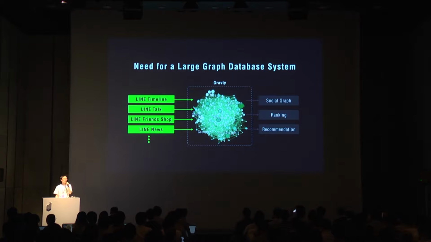The name comes from the physics term gravity, as gravity represents the force that attracts all things toward the center of the Earth. Our graph database Gravty represents a core center that attracts all data with a relationship.